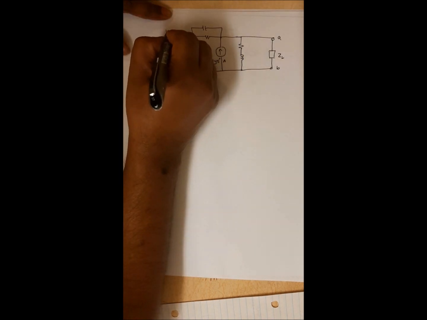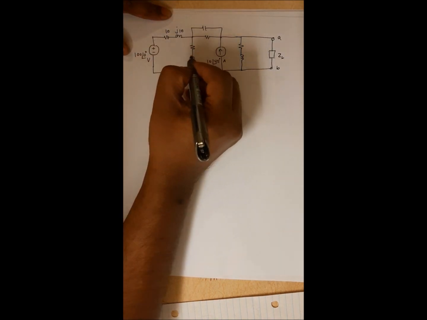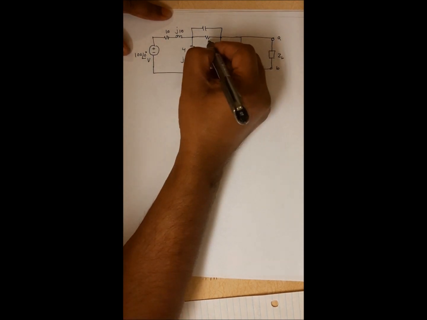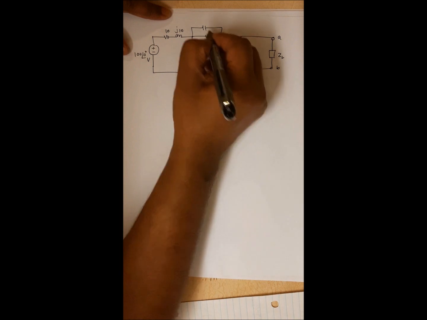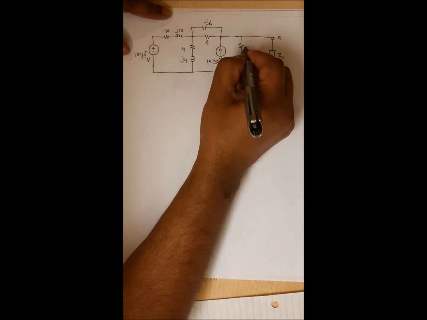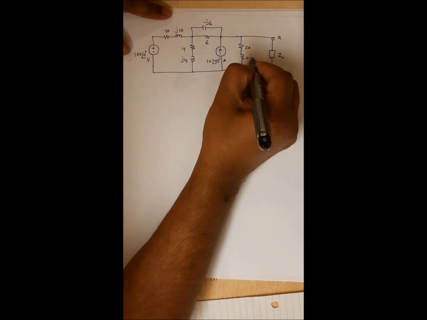So let's say this is 10, this is J10, this is 4, this is J4, and this is 6, this is minus J6, this is 20, and this is J20.